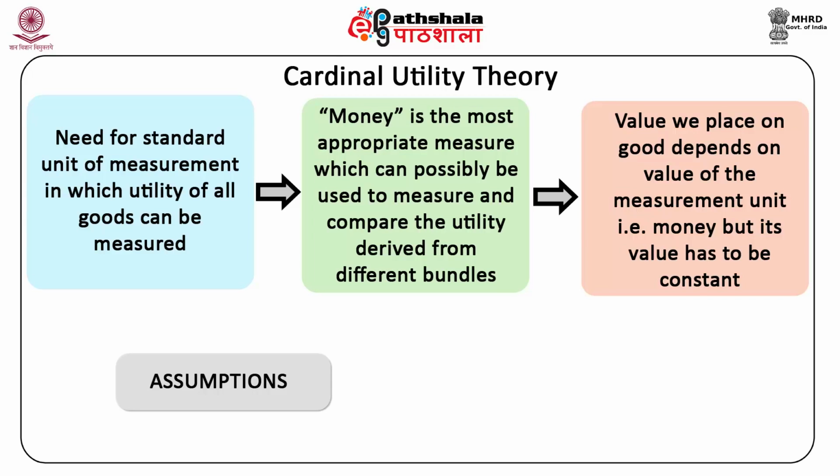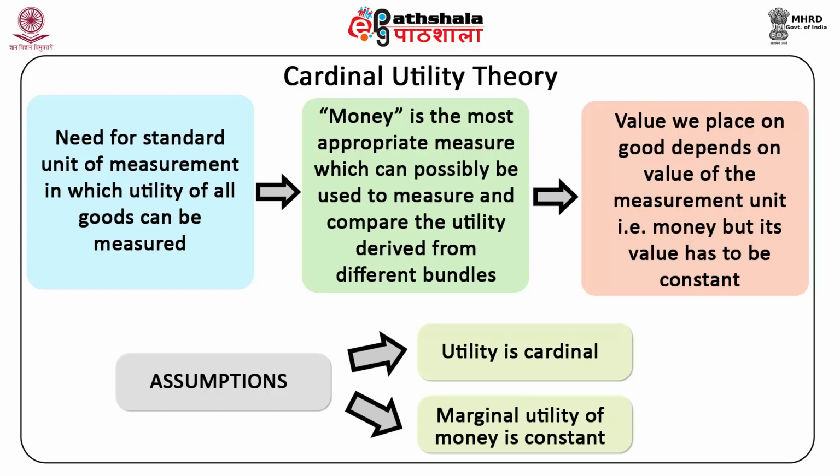A. The utility is cardinal, which means it can be measured quantitatively. B. The marginal utility of money is constant. Now, this method is not very appealing, as economists are of the view that to tell whether one consumption bundle or another will be chosen, we only have to know which is preferred, that is, which has the larger utility.